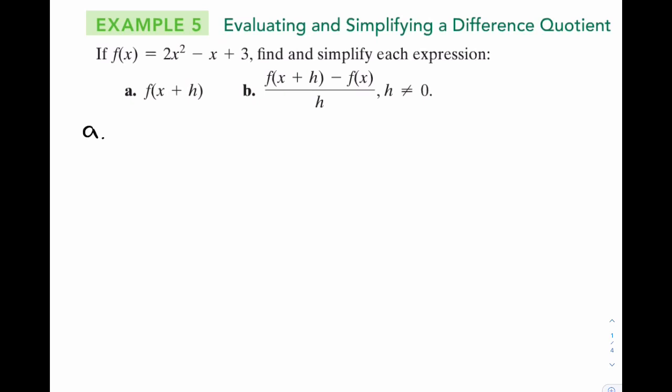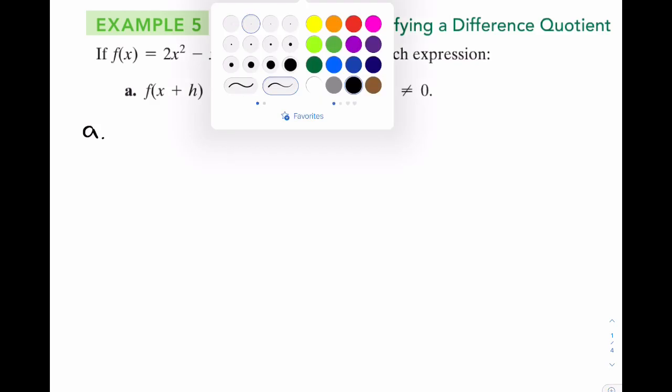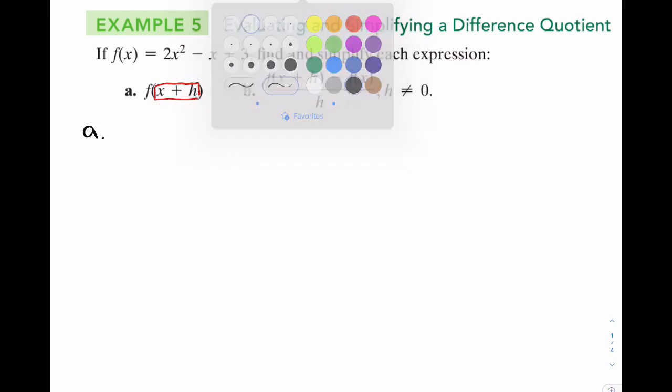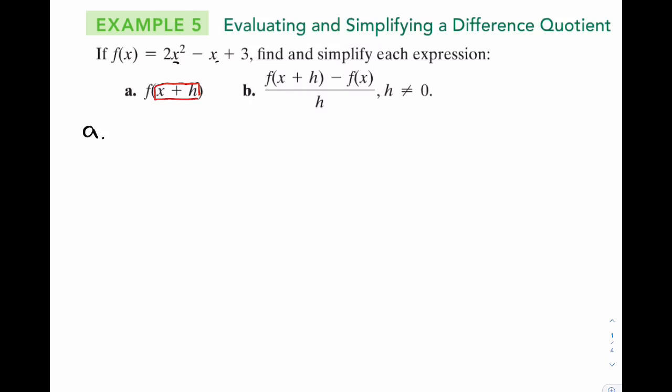Part A says find f of x plus h. So you really got to think of this x plus h as like a thing together. Like imagine there's a box over it. Whenever you see an x here, just plug in the box. So it'll look like this. 2 times quantity x plus h squared minus quantity x plus h plus 3.